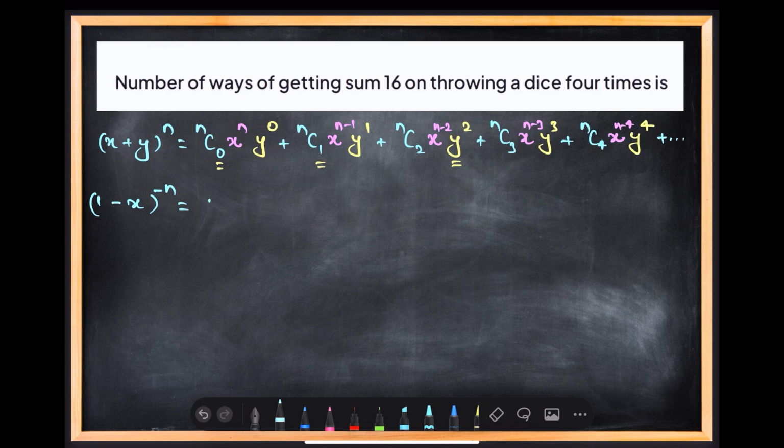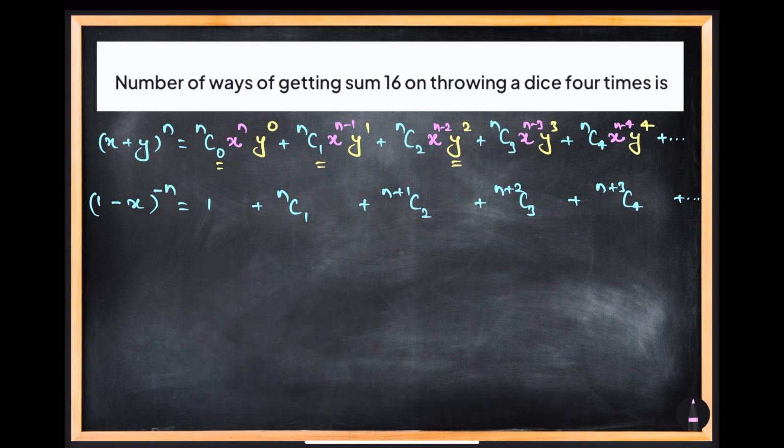So first you write 1 and then nC1, and then you increase the upper subscript and lower subscript both by 1. So n plus 1 C2, n plus 2 C3, n plus 3 C4, and so on. Now look at the variable. It will start from x power 0, x power 1, x power 2, x power 3, x power 4.